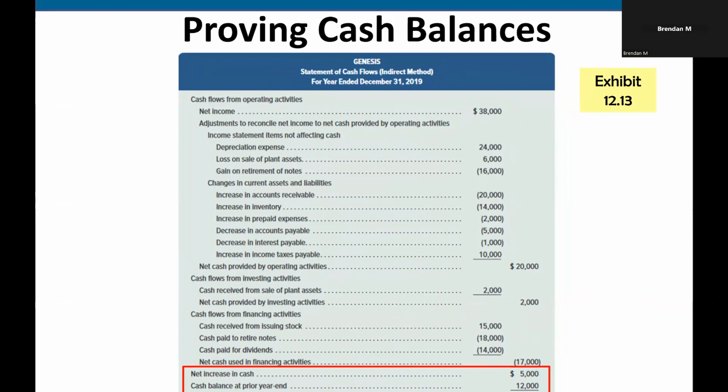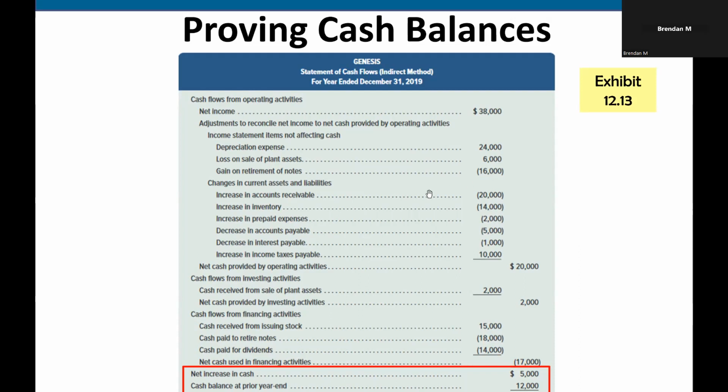Loss on sale of plant assets would have to be added back. Gain on a retirement of a note would have to be subtracted, because both of those numbers are already included in the $38,000 net income. By taking these out this way, we're recording the true operating.